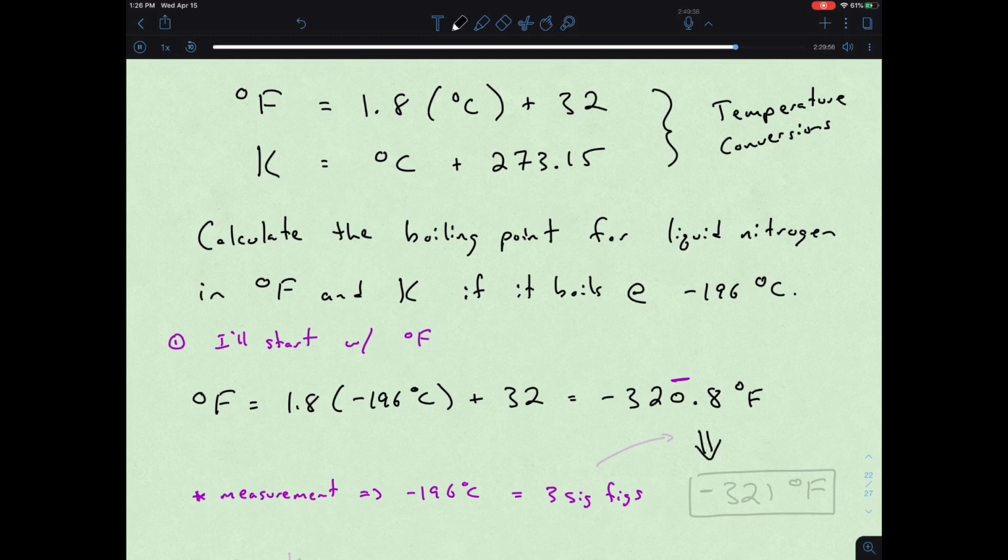So our final answer would be negative 321 degrees Fahrenheit. So simple equation, not too difficult. Just realize that the other two numbers don't have an impact since they're part of the equation. It's only the measurement that is important.